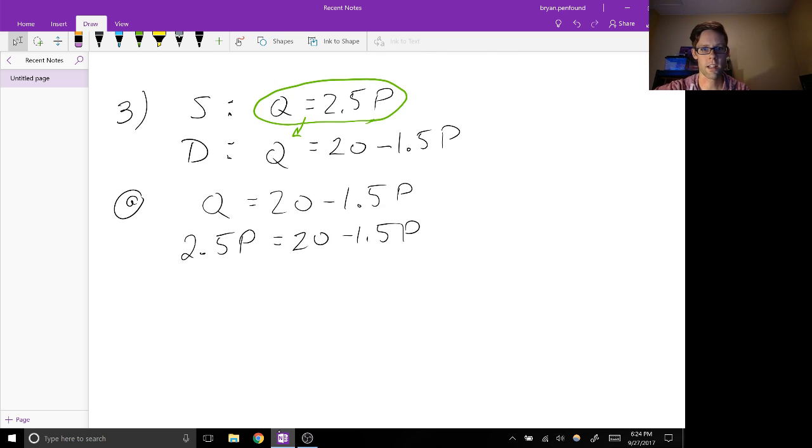That sets up the substitution pretty easily. I'm going to add 1.5p to both sides. So over here I'll get 4p is equal to 20. And then if we divide through by 4, we should get p is equal to 5.